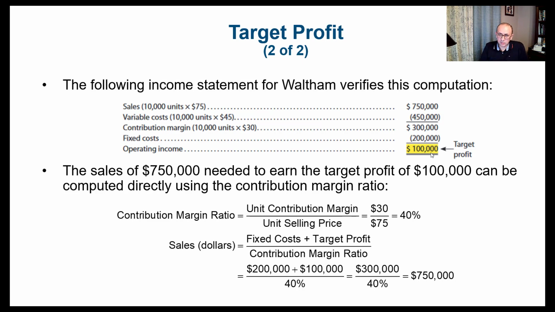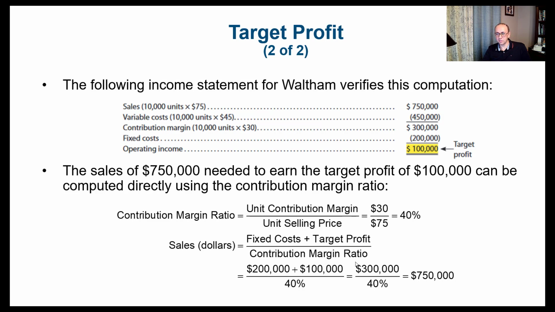If we want to calculate the contribution margin ratio, we get the unit contribution margin divided by the unit selling price, and that's 30 divided by 75, and this would give us 40%. In terms of sales dollars, we get the fixed cost plus the target profit divided by the contribution margin ratio.